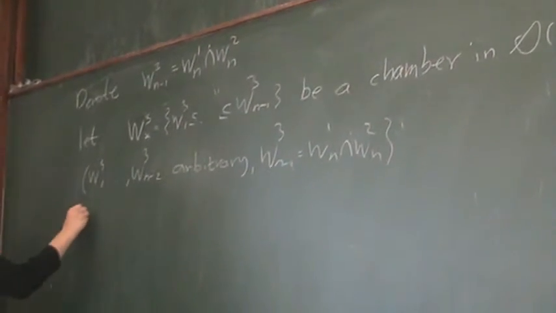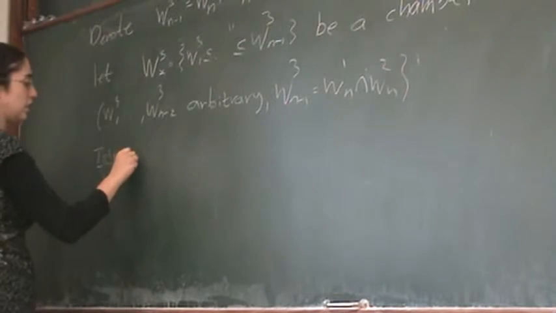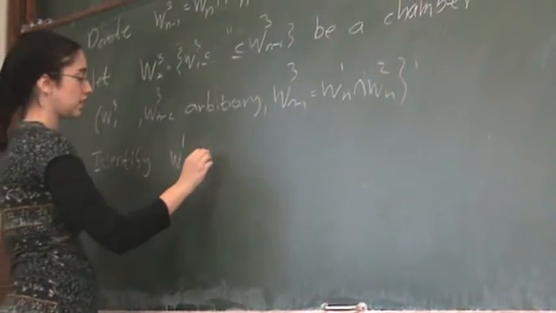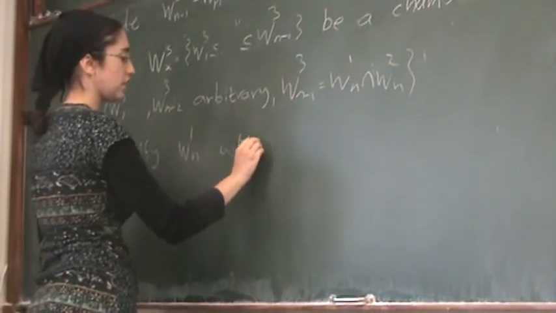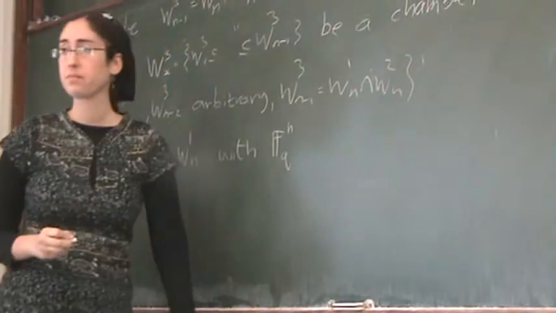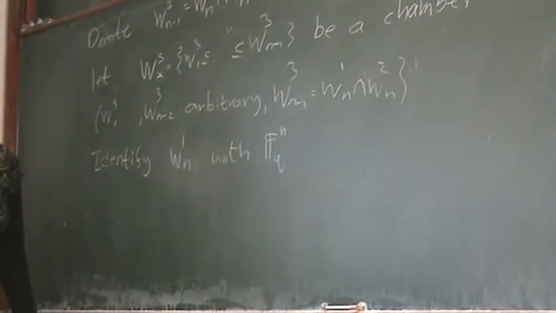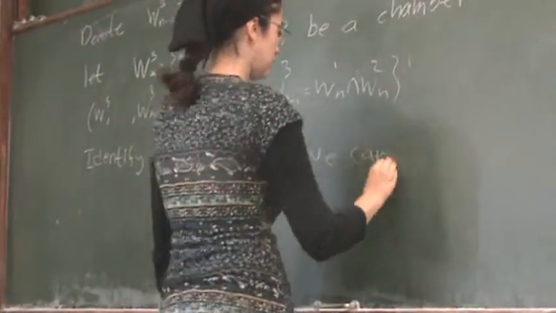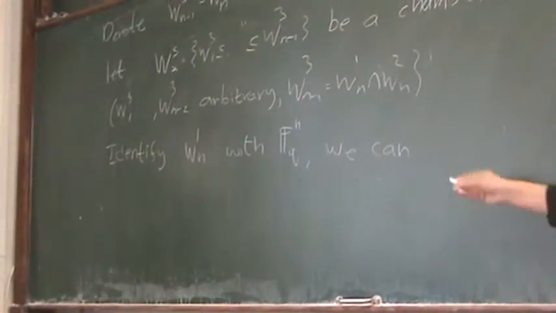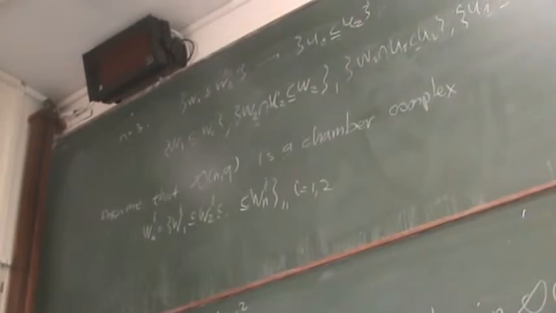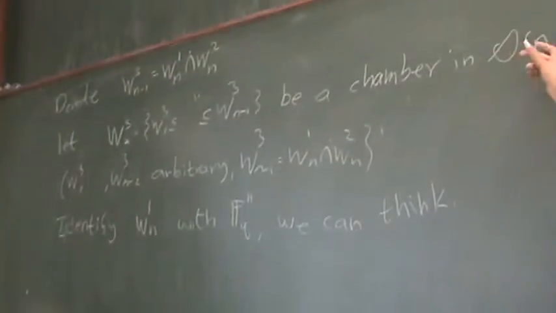And now, identify W1n with F_Q^n. And using this identification, if we shorten this one by 1, it will be a chamber in S_n(Q).